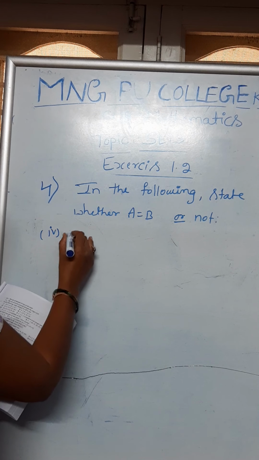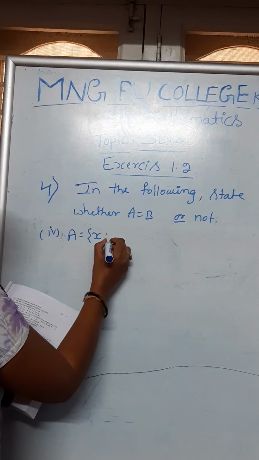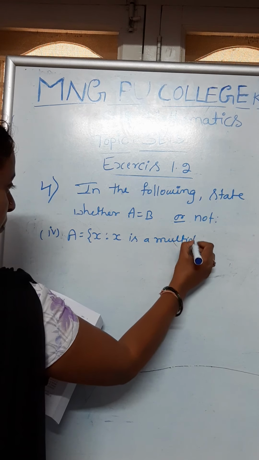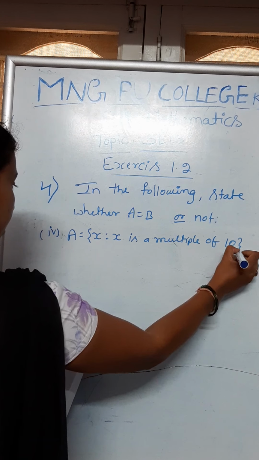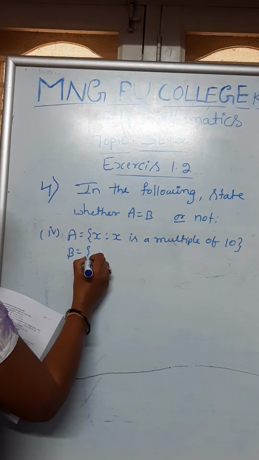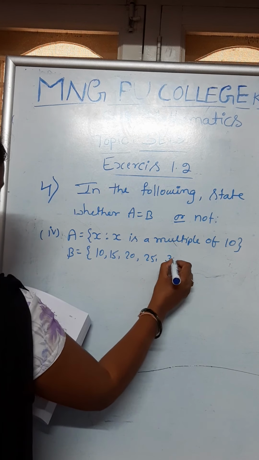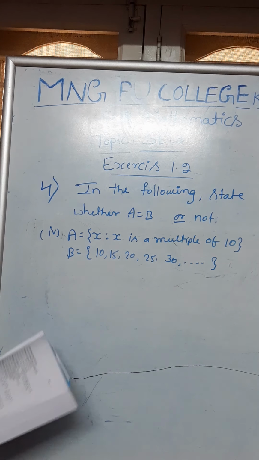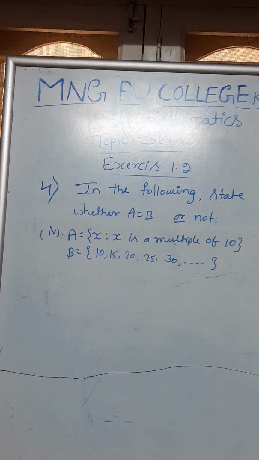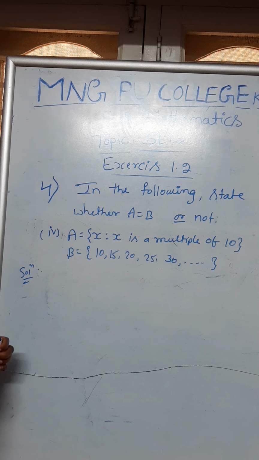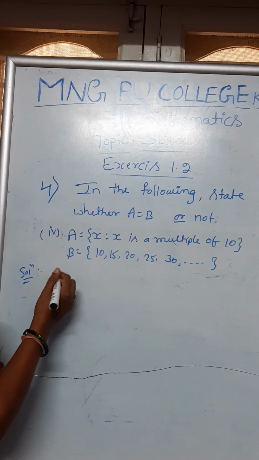Fourth one: set A equal to x such that x is a multiple of 10, and set B is equal to 10, 15, 20, 25, 30, etc. Solution.